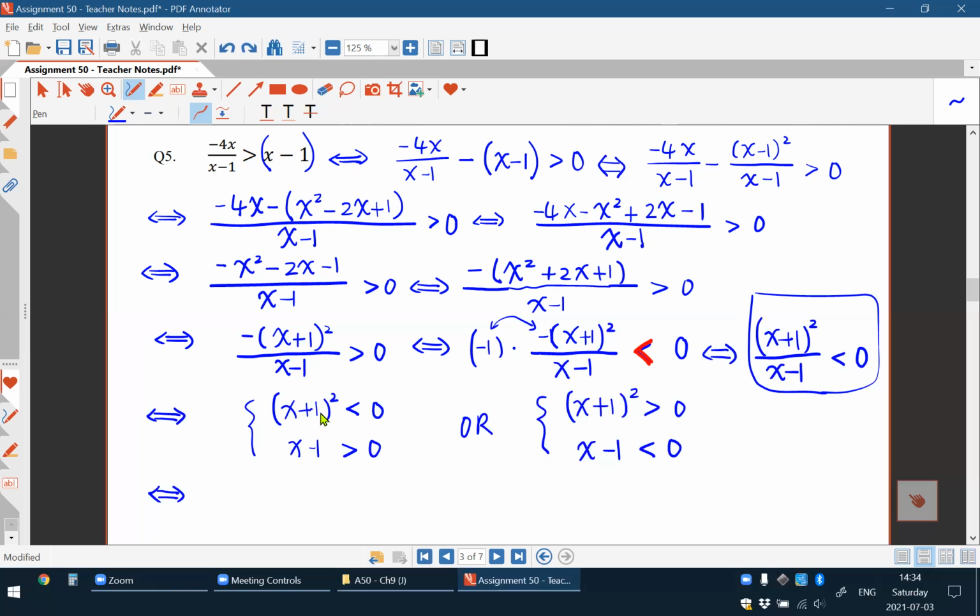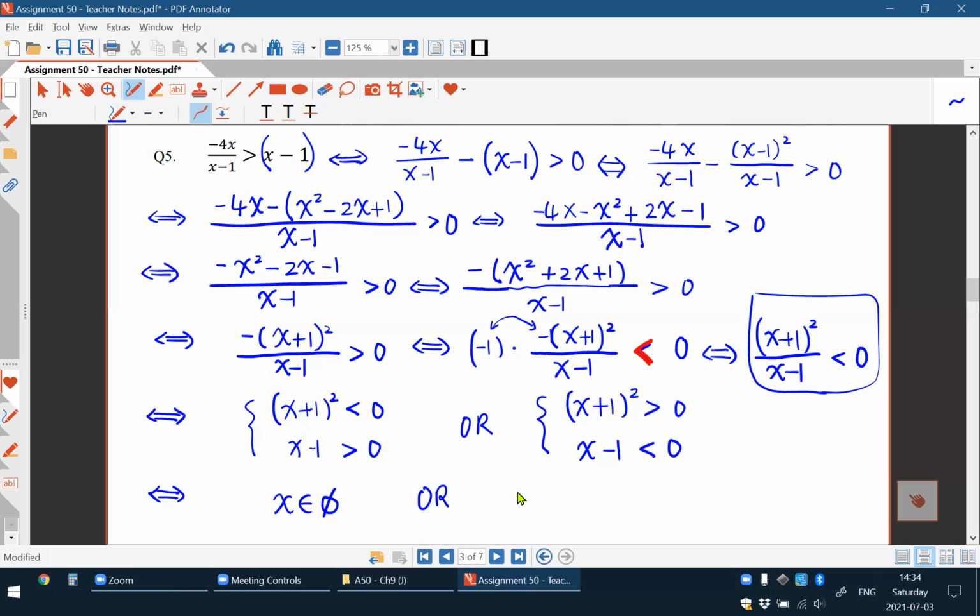We know that something squared must be equal to or above 0, right? So there is no such x that can satisfy this expression. So of course, x belongs to an empty set for the first sub-question. That means there is no solution for the first one, right?